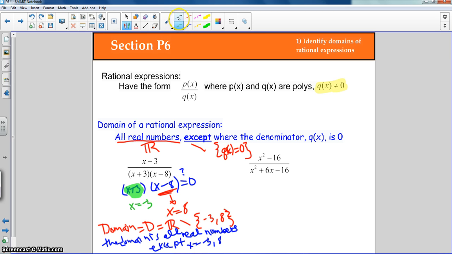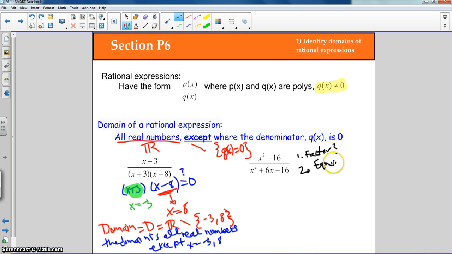Now in our second example here, this isn't in factored form, so first I want to see if I can factor. And then second, what you'll actually need to do is possibly go back and solve an equation.